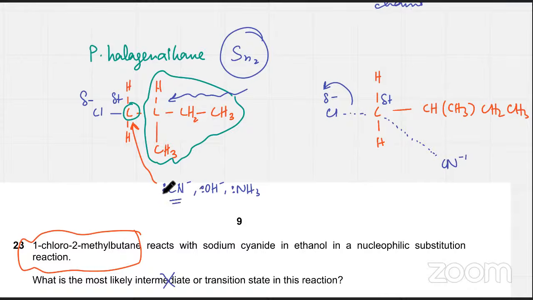So it's NaCN ethanolic, NaOH aqueous, and NH3 ethanolic, with reflux in all 3 cases. In the NH3 case, you can also put it in a sealed tube under pressure and heat it. That would also result in nucleophilic substitution.